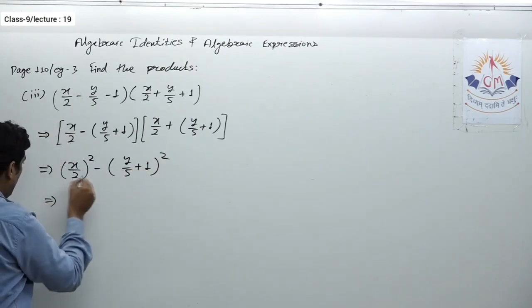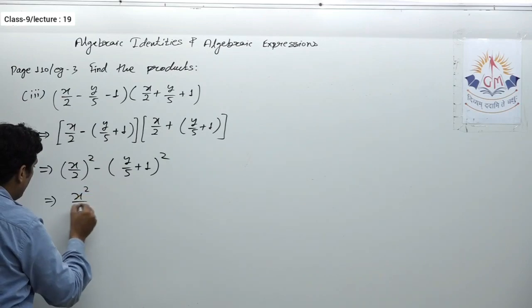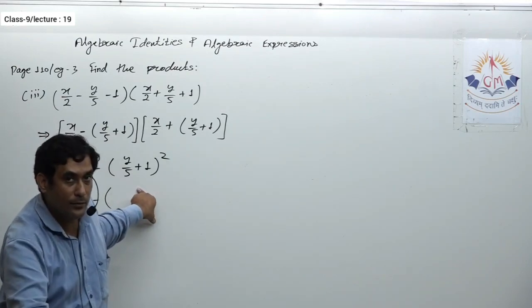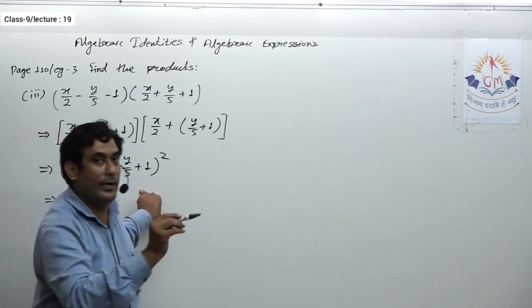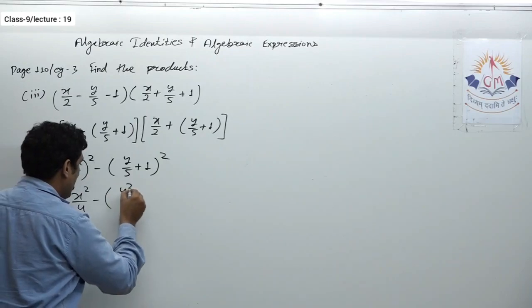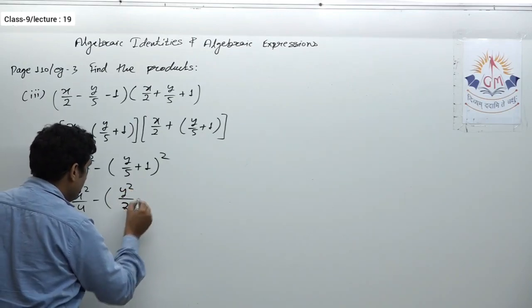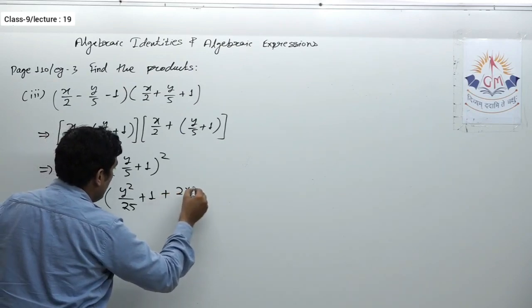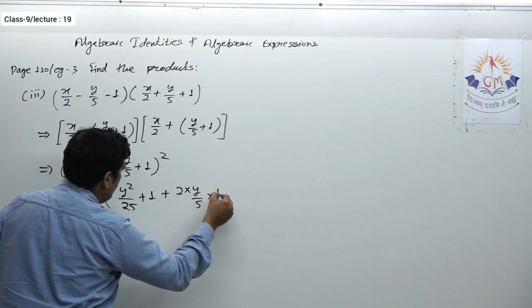Now I have to expand this, so x square by 4 over here. Now this is a plus b whole square, so here I have to apply the identity a square plus b square plus 2ab, so a square plus b square plus 2 into a into b.